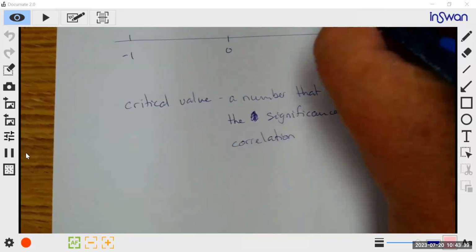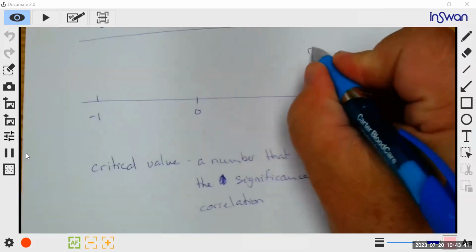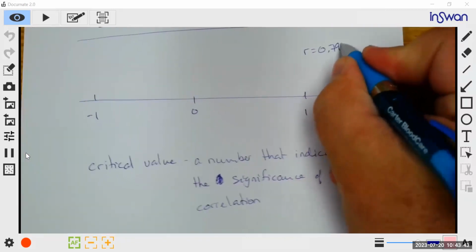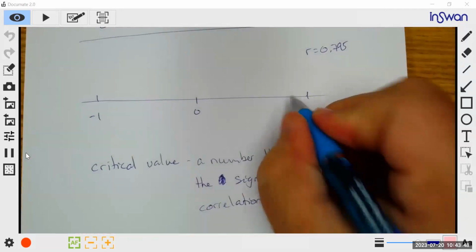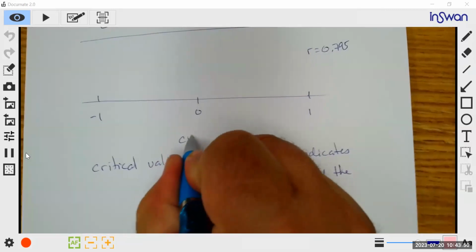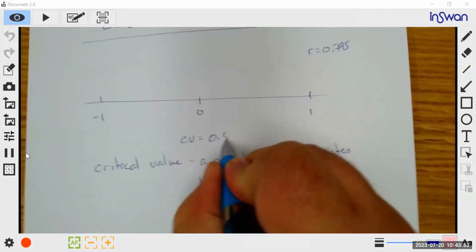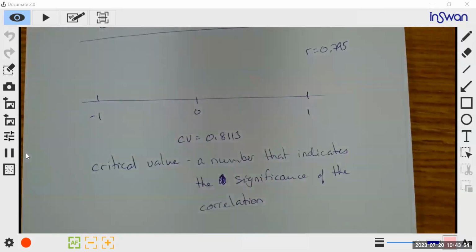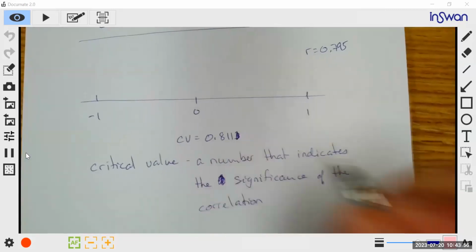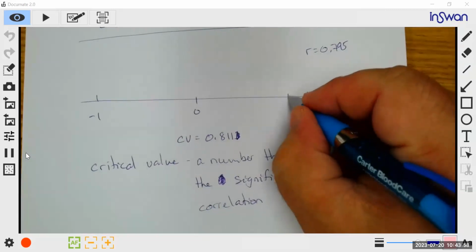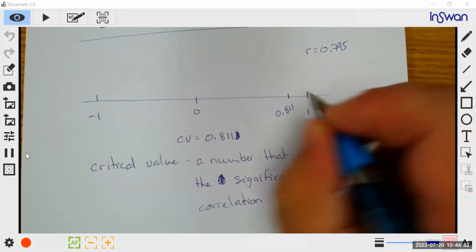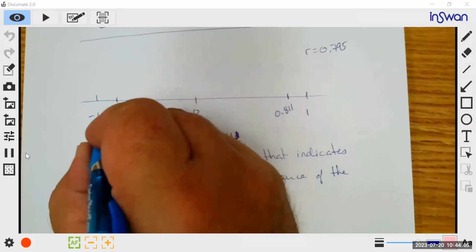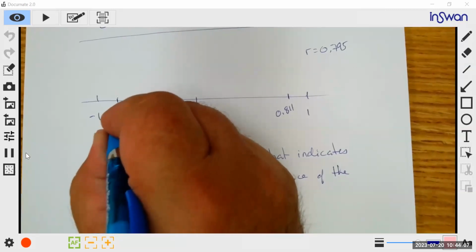Okay, our value, for example, was 0.795, and let's say the critical value we came up with was 0.811. So we put 0.811 here, and then we also look at the negative side, negative 0.811.